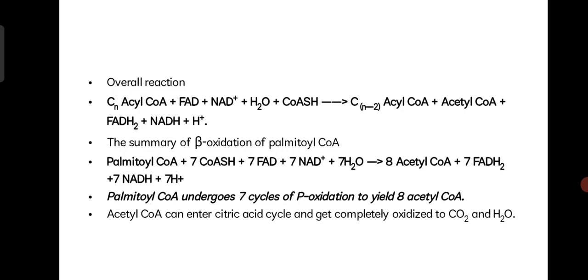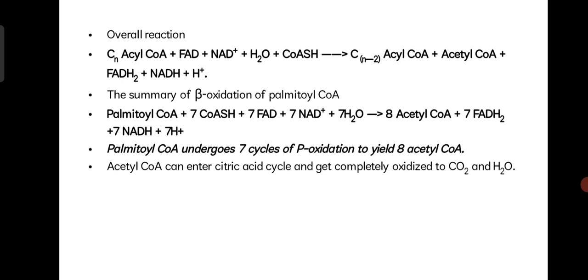Then oxidation takes place, so we are getting FADH2. Again oxidation, that's why NADH plus H positive. In the case of palmitoyl CoA, the process is all the same. Instead of acyl CoA, we are using palmitoyl CoA. That's it.